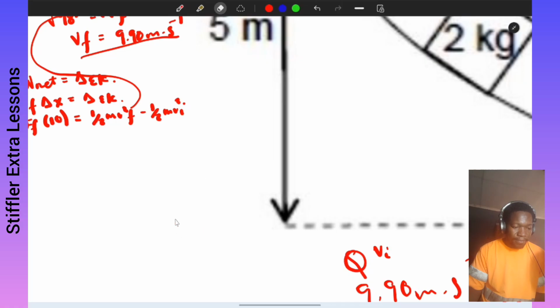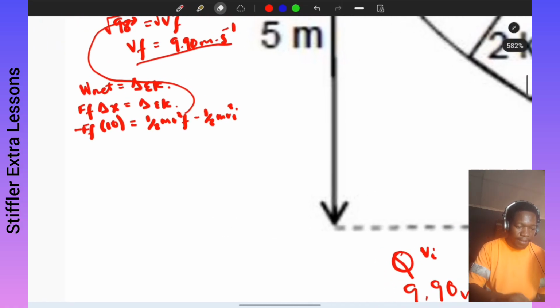Yes, you can continue. So our negative 10 frictional force can become our final, which is half times 2 multiplied by 4 squared, and then minus the 98 that we were talking about.